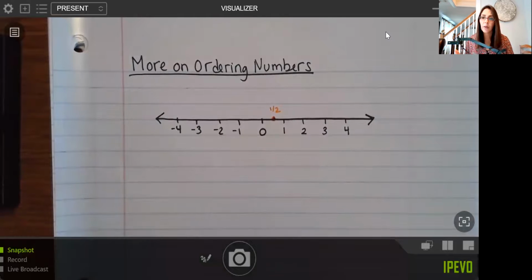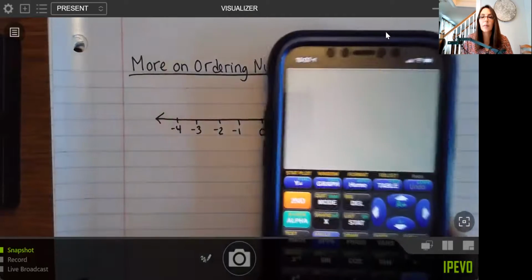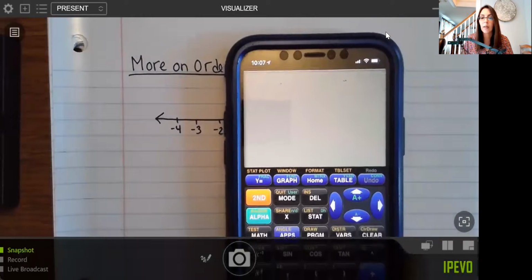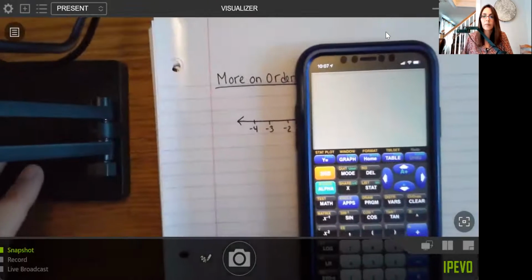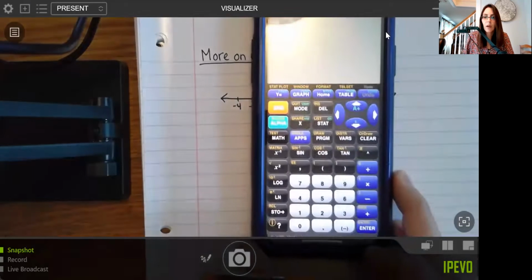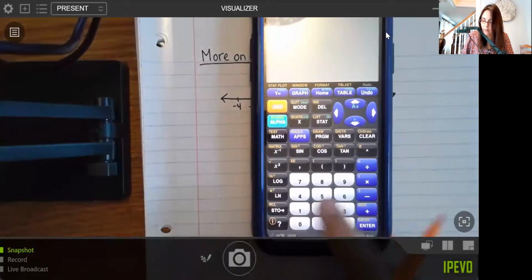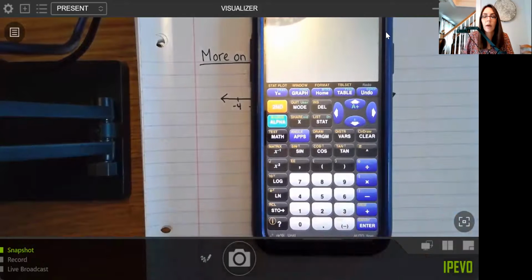And if you're having trouble with your fractions, an easy way to figure out the value is to just use your calculator. So let me bring up my calculator. This is just a calculator app I have on my phone. Let's say I'm just a little bit stuck and I'm not really sure what number that is. Well, I can just type in 1 divided by 2 for 1/2.